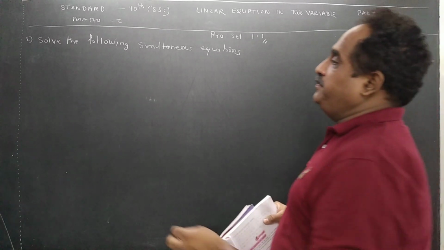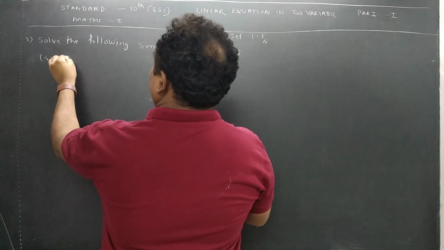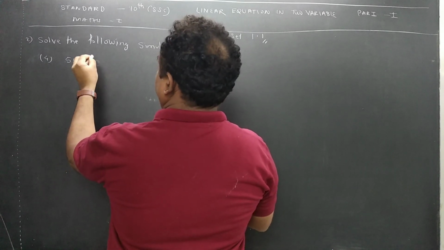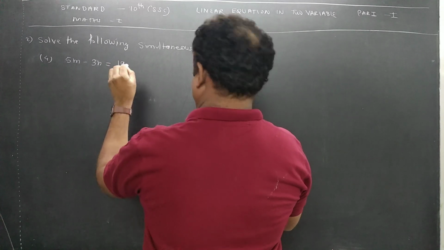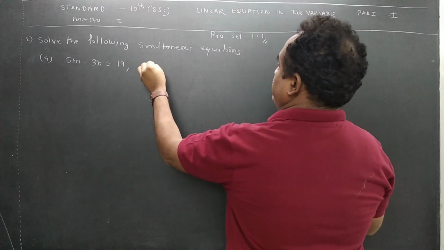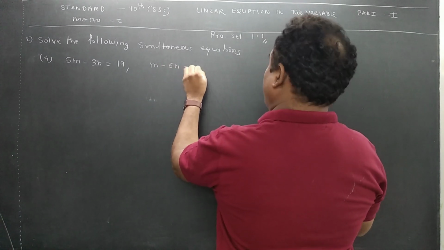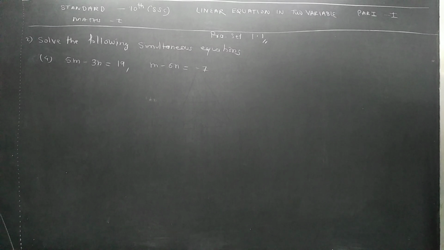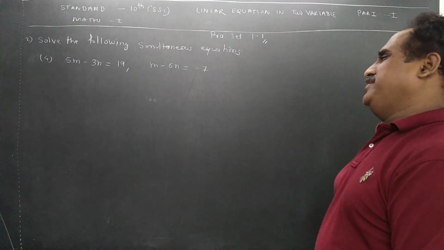Now the fourth question. They have given 5m minus 3n is equal to 19 and m minus 6n is equal to minus 7. Okay? So I think you must try this question.